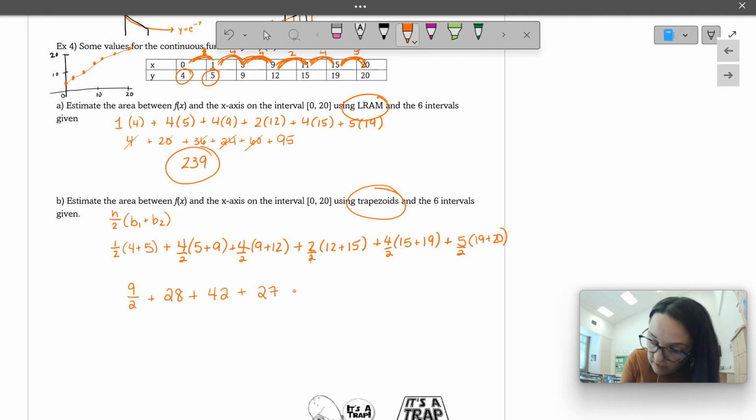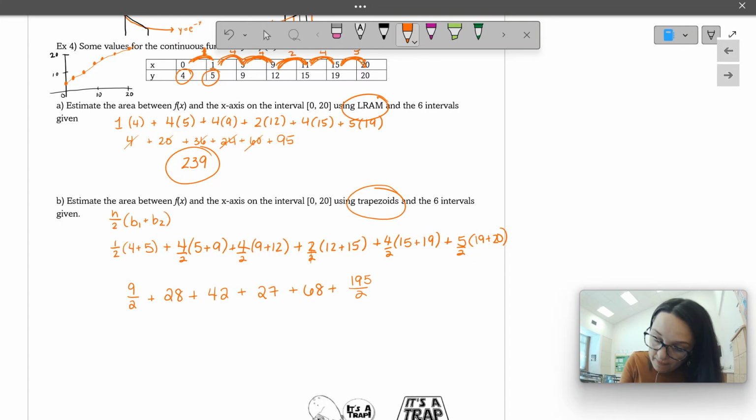That's 27. 2 times 34 is 68. And then I have 19 plus 20 is 39. 39 times 5 is 195 over 2. 39 times 5 is 150 plus 45.